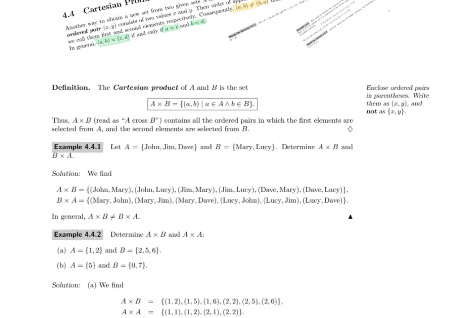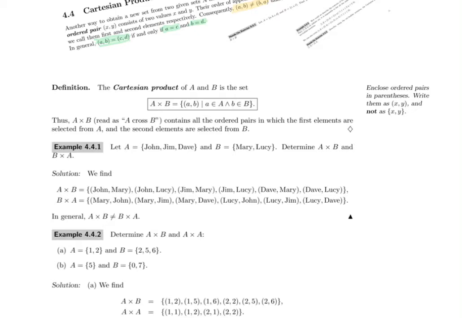So we say that the Cartesian product of A and B is the set A cross B. We say it A cross B. A cross B is the set of ordered pairs (a, b) such that a is an element of A and b is an element of B.